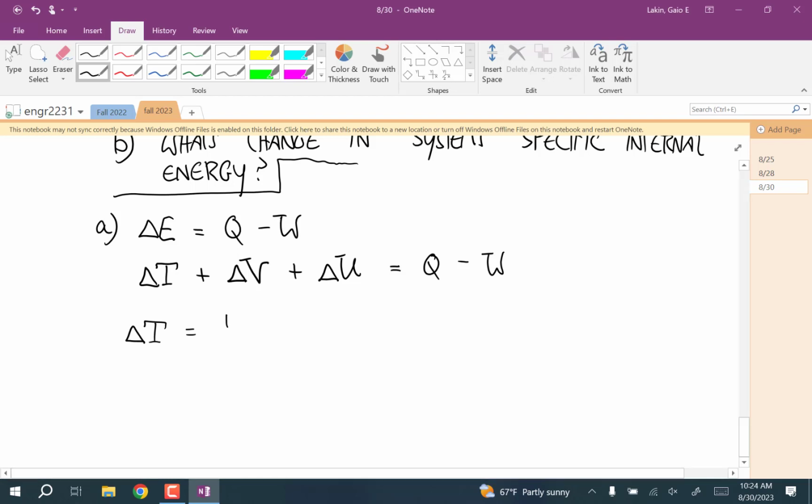So this is going to be 1/2 times the mass of the system times the later speed squared, minus 1/2 times 0.5 times the starting speed squared, which is 0. And so this is 2.25 joules.